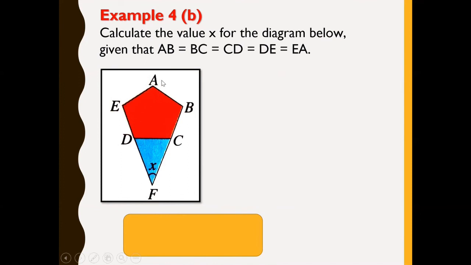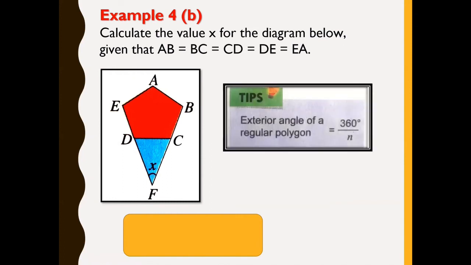From this information, we know that ABCDE actually is a regular pentagon because all the sides are equal. Since all the sides are equal, all the interior angles must be equal as well, and the same for the exterior angles. All the exterior angles must be equal because it is a regular pentagon.